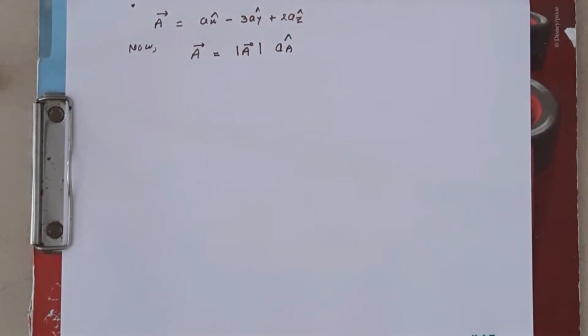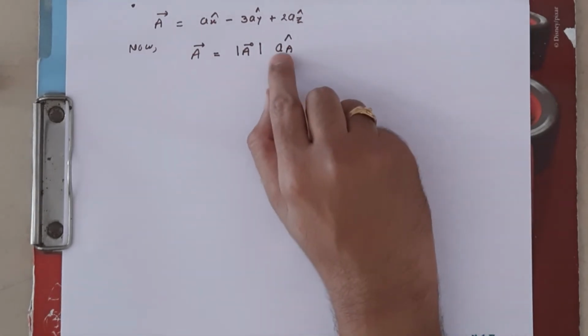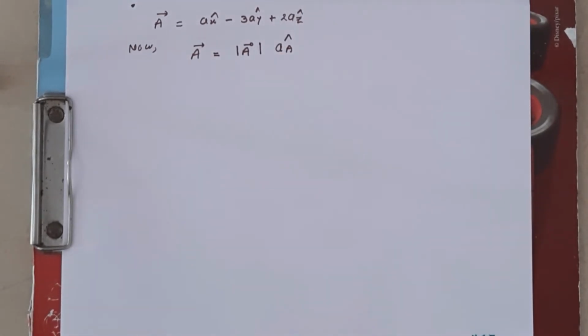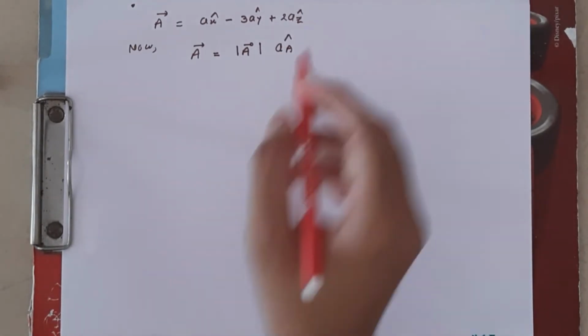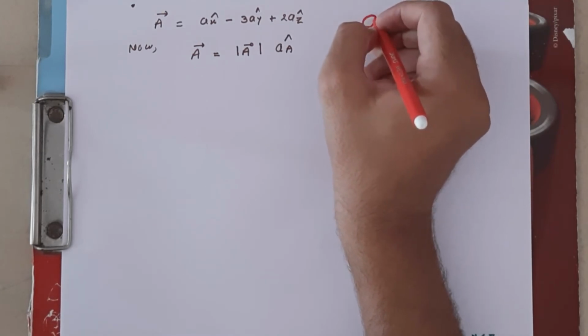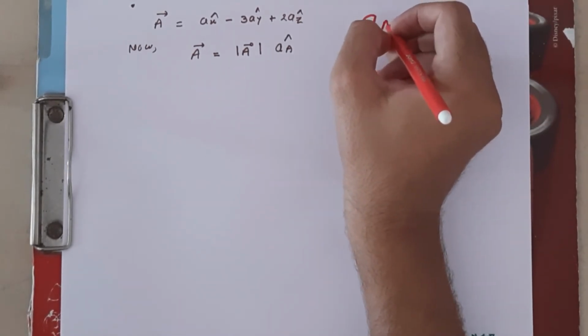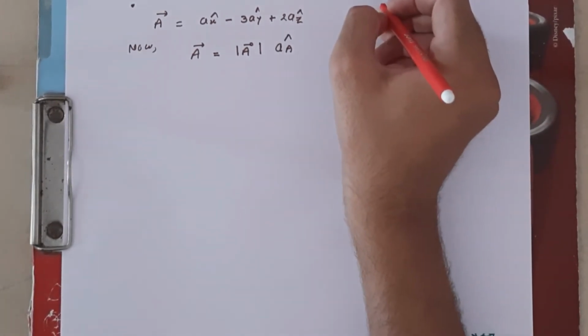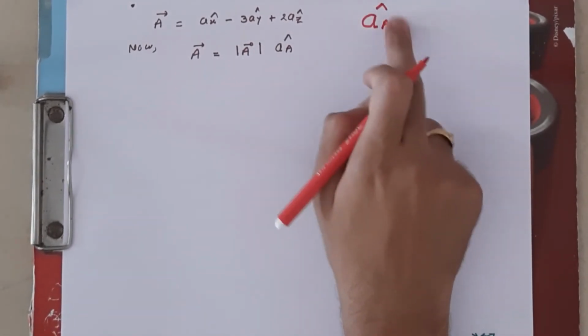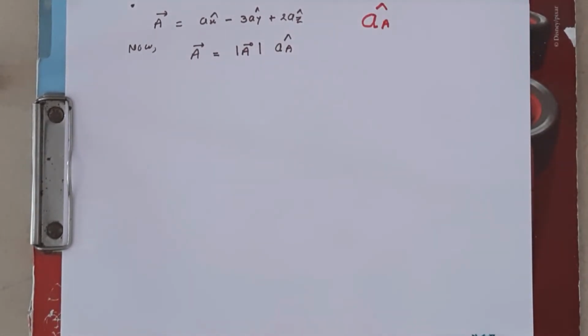And how can you write the unit vector? To write the unit vector of any vector, I just write a small a, then a subscript of that vector, and then a cap. It indicates the unit vector.